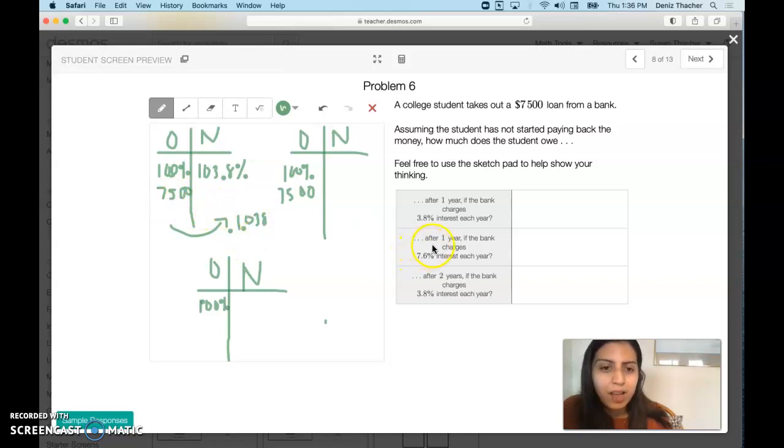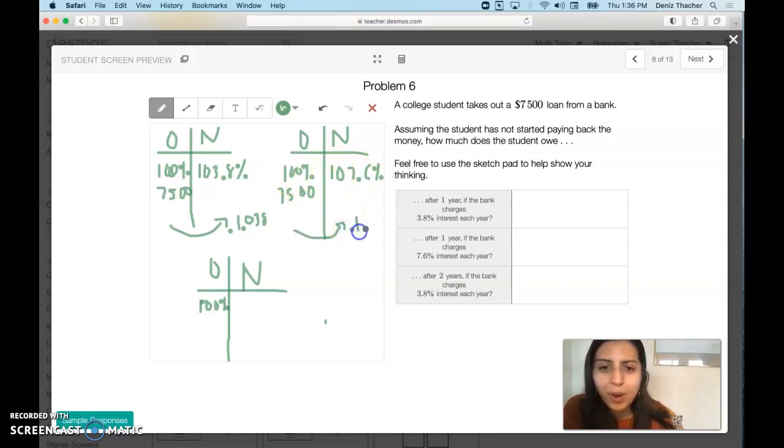Now, if after 1 year the bank charges 7.6% interest, again, we can add 100 and 7.6. That gives us 107.6%. We need to figure out what we can multiply 100 by to get 107.6. We can do that by dividing 107.6 by 100.